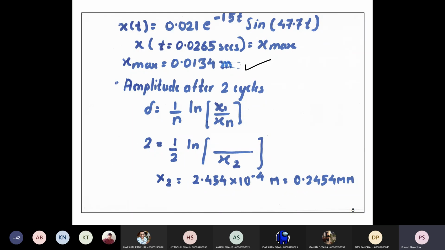So to find the amplitude after 2 cycles, take the number of cycles as 2 and you have to find x1 by x2. So what is x1?